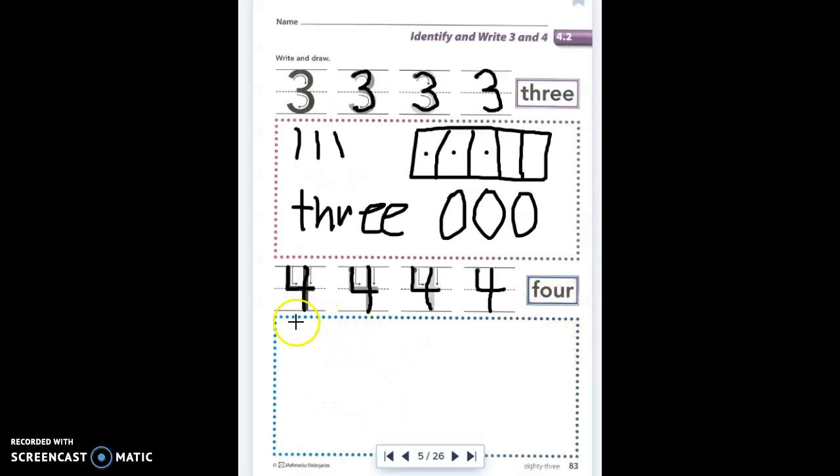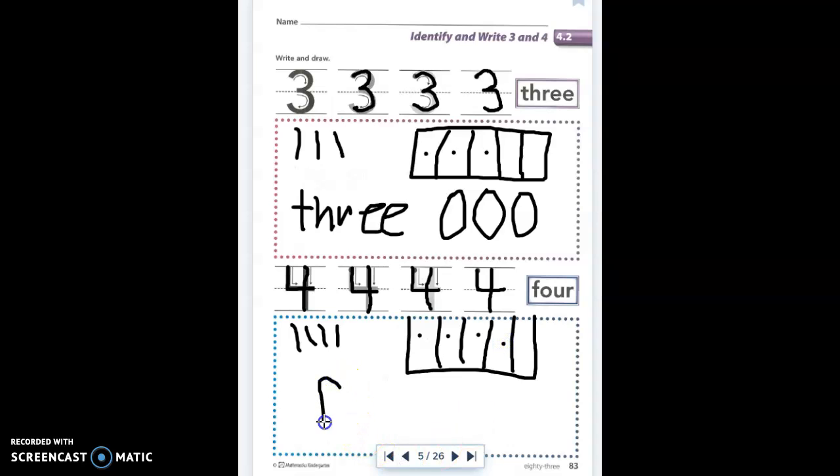So I can represent 4 with 4 tally marks. 1, 2, 3, 4. I can do it in a 5 frame. 1, 2, 3, 4.